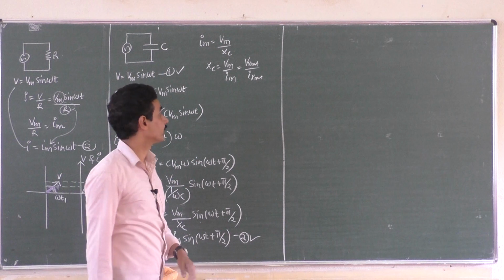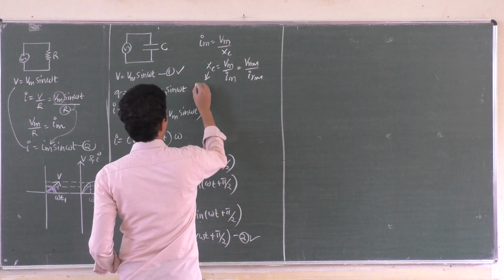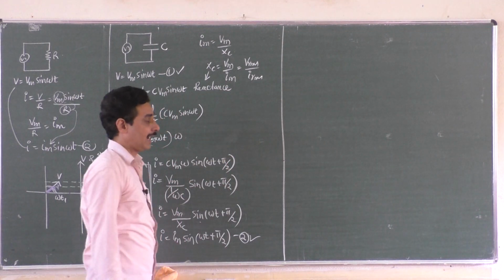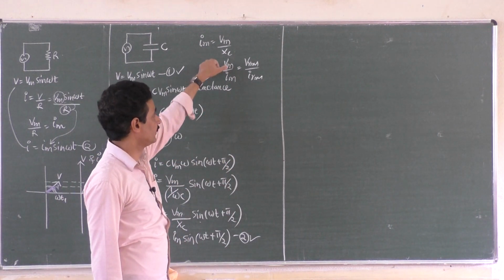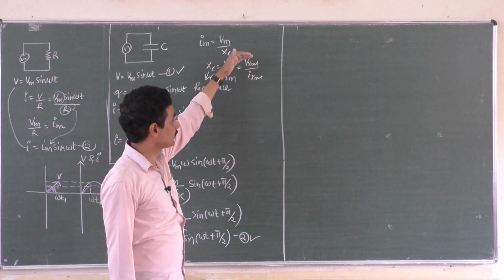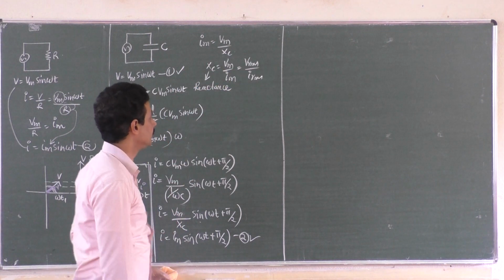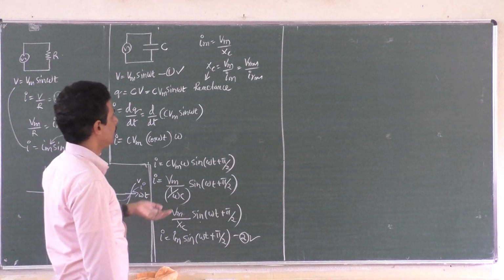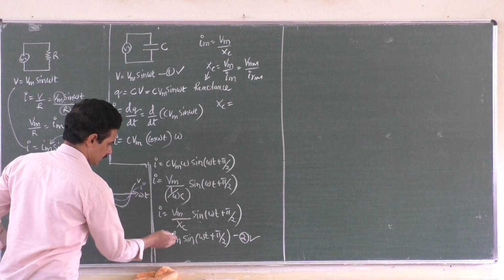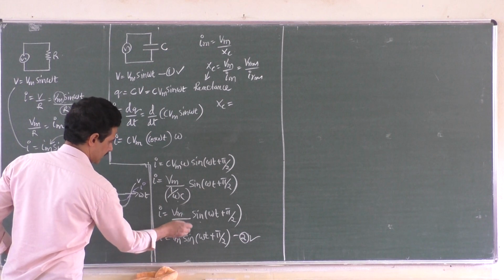So reactance of a capacitor is the opposition offered by the capacitor to the flow of AC, and it is the ratio of peak value of voltage to the peak value of current, and RMS value of voltage to the RMS value of current, or it is also equal to, what did we get? It is 1 by omega c, that is replaced here, right?